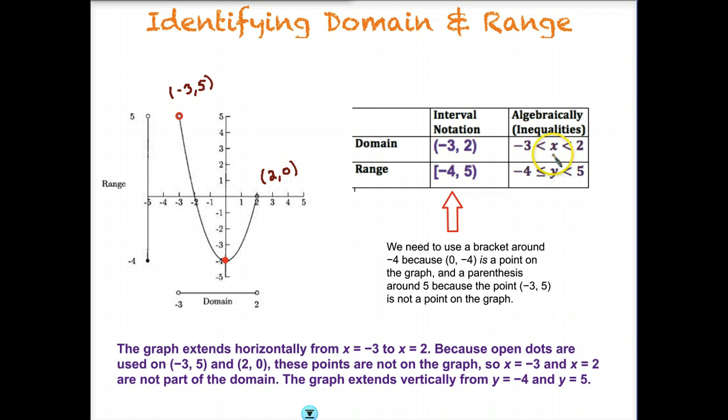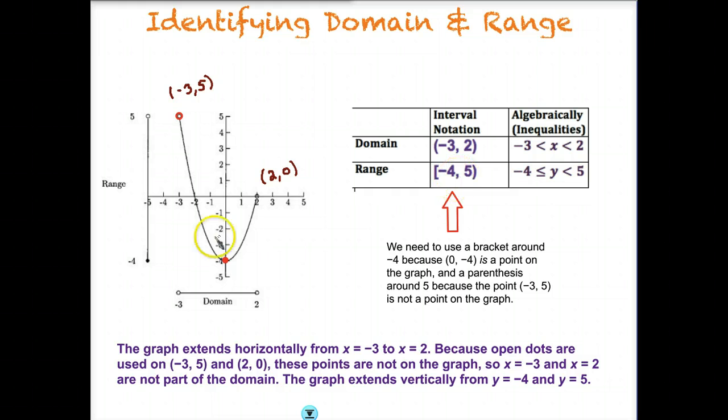So when we write our inequalities, we say that x goes between -3 and 2, but notice the open circles again, we do not include those values. So x is greater than -3 and less than 2. Interval notation, we then use parentheses. It ranges between -3 and 2.